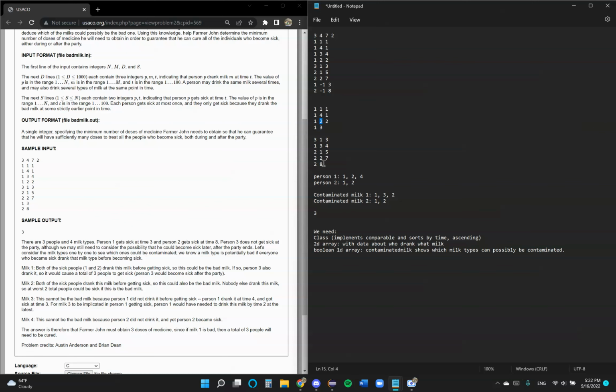And then in this case, we would be keeping the values 2 and 1 as true in the Boolean array, and setting all the rest of them to false. So we would get all the overlapping types of milk that the sick person drank, which would be 1 and 2, and we would be able to use that to check how many people drank those contaminated milk. So we can start coding at this point.